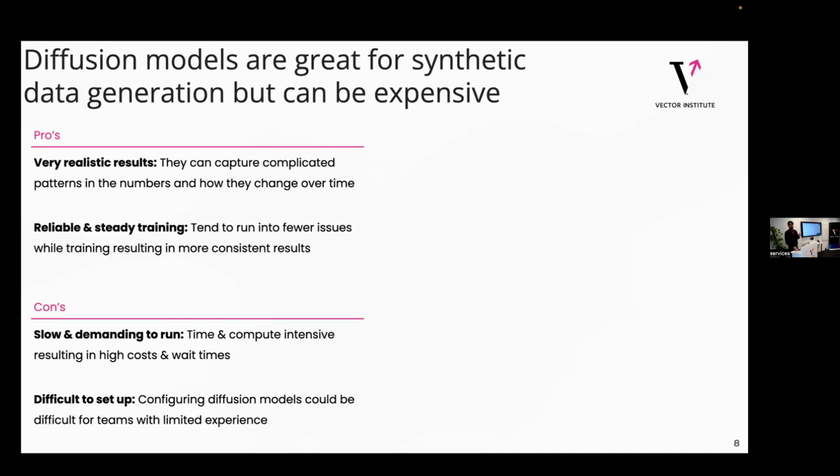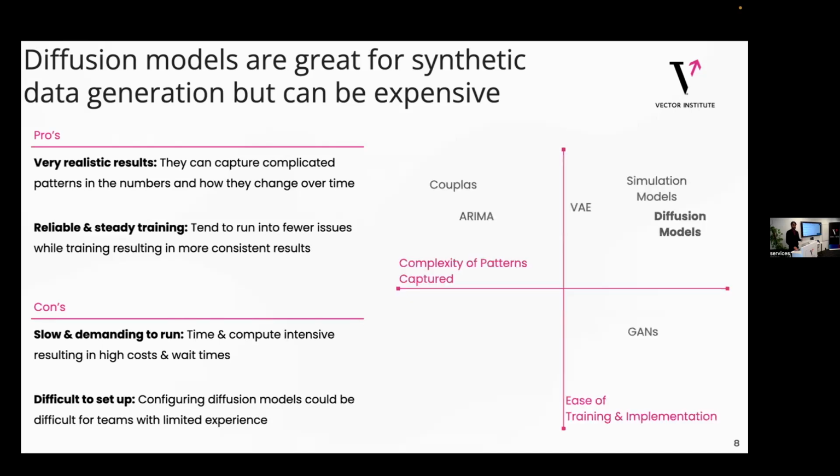You need specific expertise. They have complex hyperparameters, things like that. And so we see that they have a strong place. They perform well. This is a 2x2 of complexity and ease of training. They do perform well. There are other models out there that could be a better fit if you're looking for, say, ease of use or something like that.